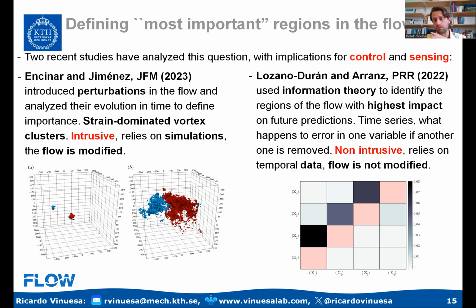And then essentially what they do is that they remove the evolution of one of these time series to see how that affects the future predictions of the rest of the time series, in such a way that you can really assess the mutual causality relations among those. And of course, the advantage of it being non-intrusive is that you don't change the flow, but you need quite some data to converge these time series in terms of causality.